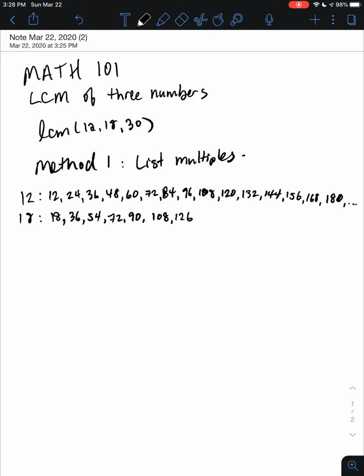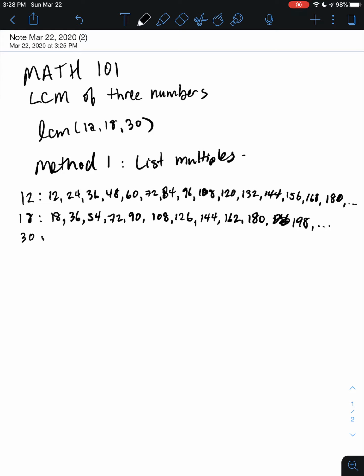I'm going to add 20 and take away 2, so 128 minus 2 is 126, yes. 144, 162, 180, 198. I could keep going, and we'll stop at this point.